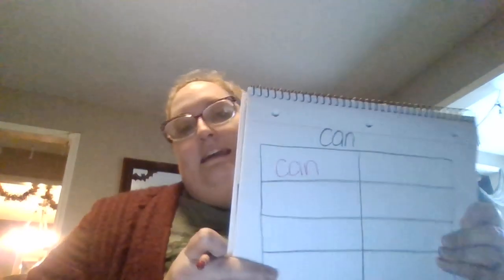I found it, and I am going to write in my first box, with my nicest handwriting, the word can. So my first box has a red can in it.